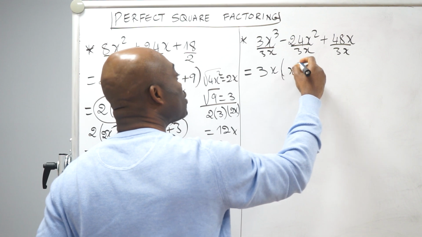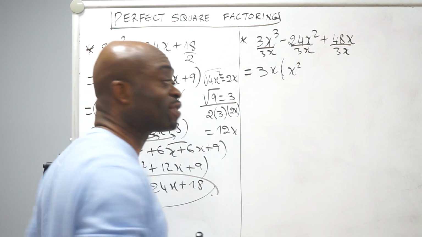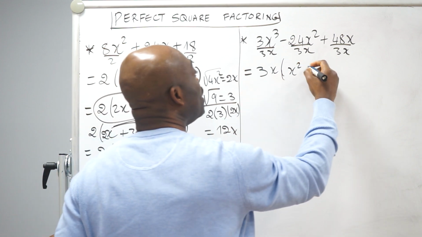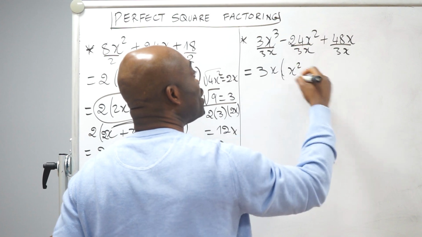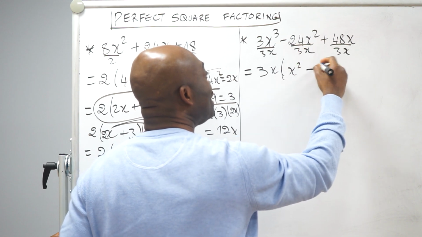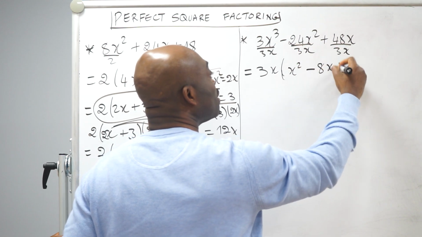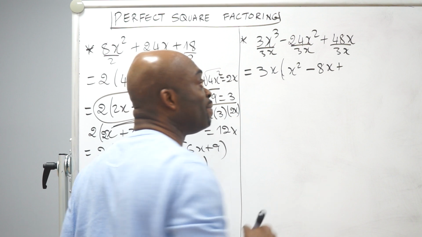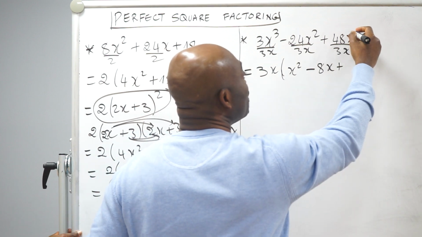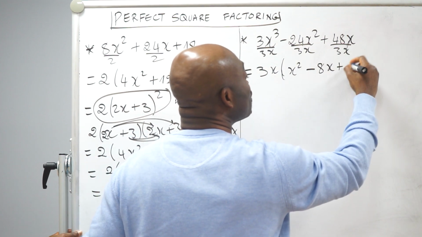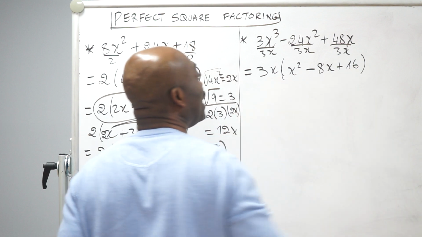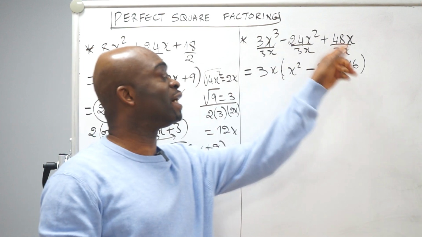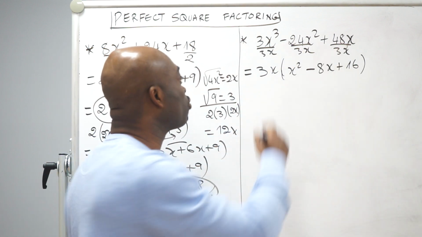So this is x squared for the first one because 3 will cross out. Okay, minus 24 divided by 3, that will give us what? 8. So that's 8x, plus then 48 divided by 3, that gives us 16, sorry. And then when you multiply back, you should get this again, okay? So this is your greatest common factor.